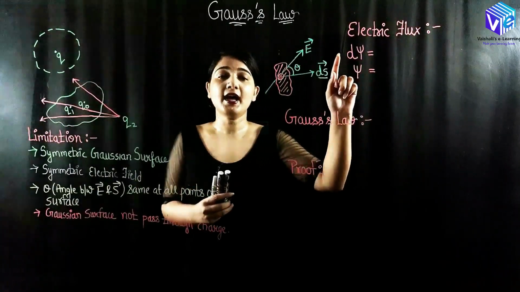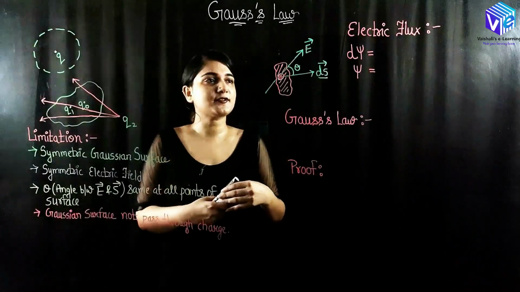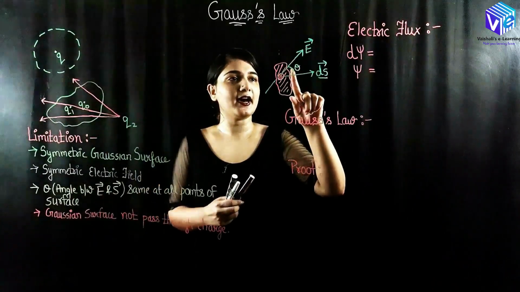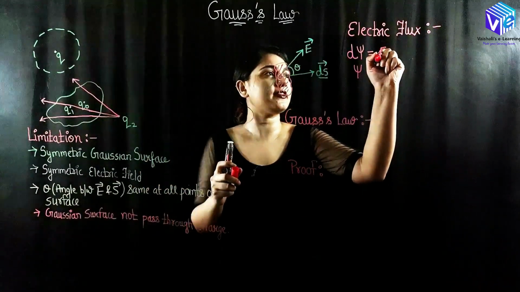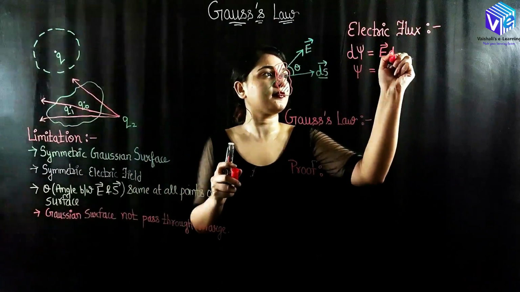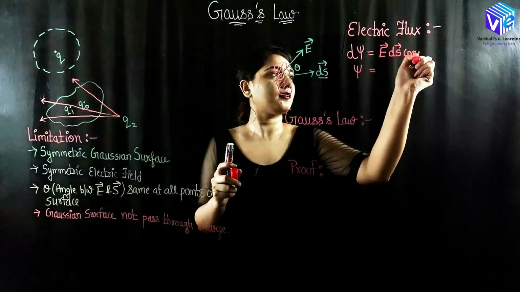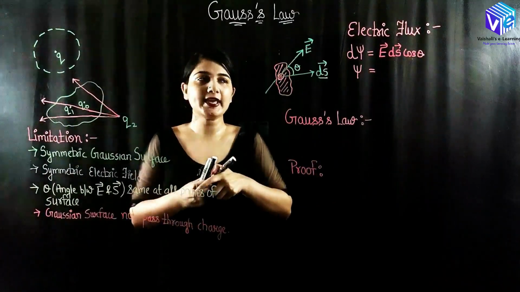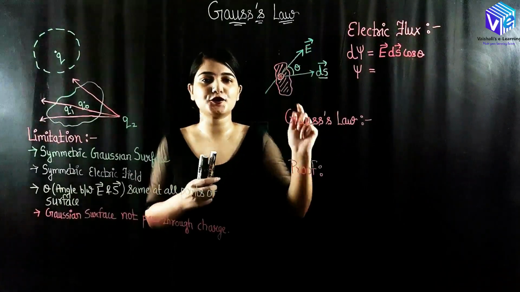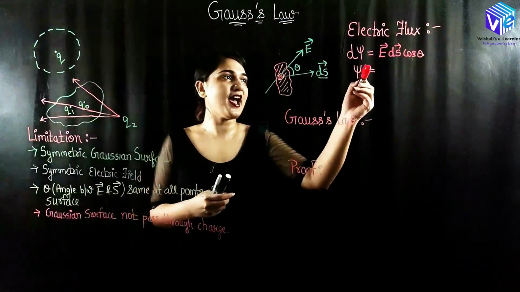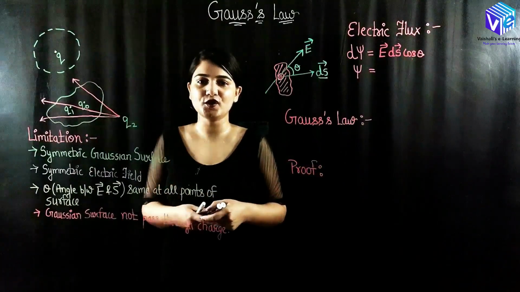Now coming to the electric flux. For this small surface, the electric flux will be equal to E ds multiplied by cos theta. So here we have two vectors multiplied with cos theta.